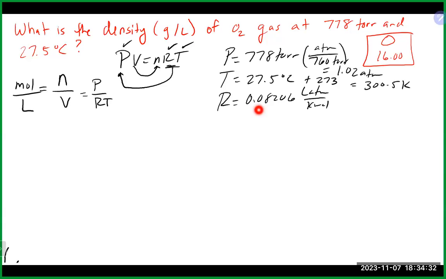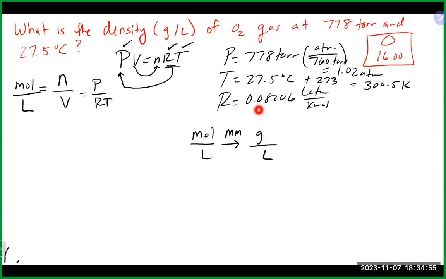That's really the molarity of our gas if we solve for N over V using the ideal gas law. And that's good because at that point, it is a conversion factor to get to grams per liter, and the molar mass allows us to do that. That is how that other equation is derived from the ideal gas law.